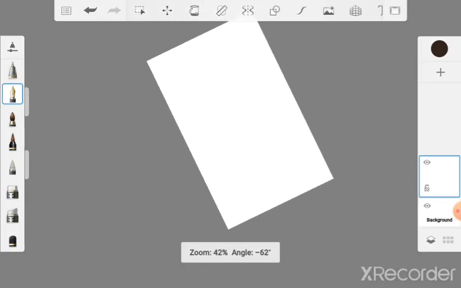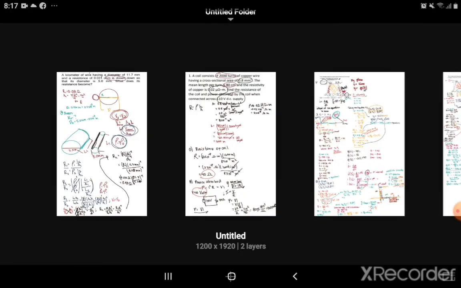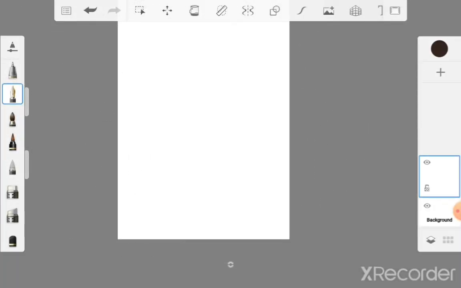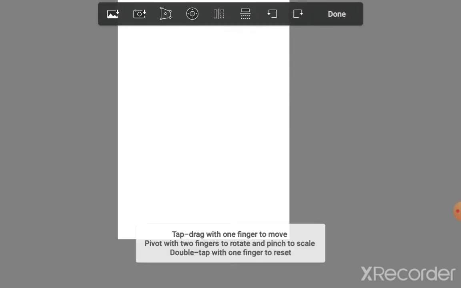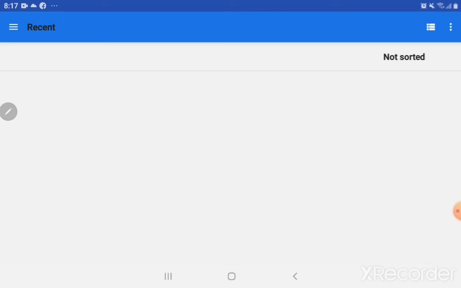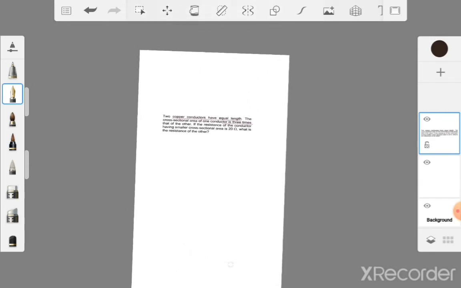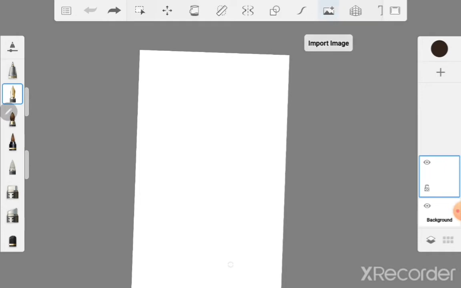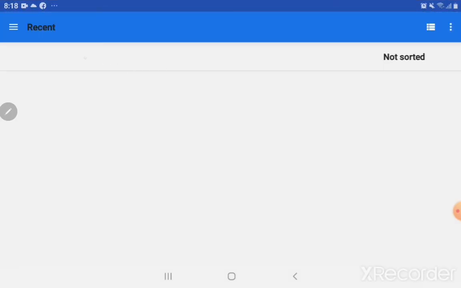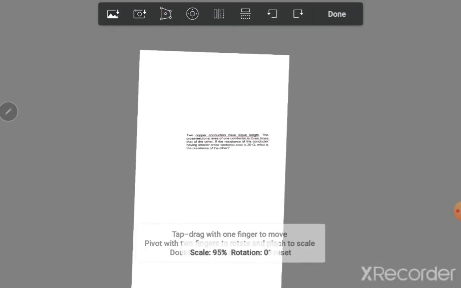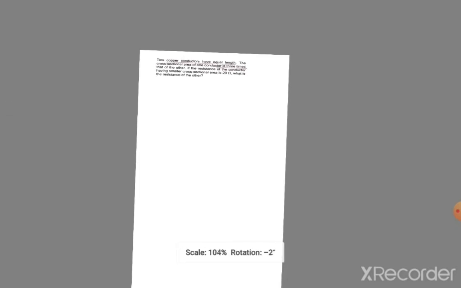Our example would be this problem. This would be our last example.